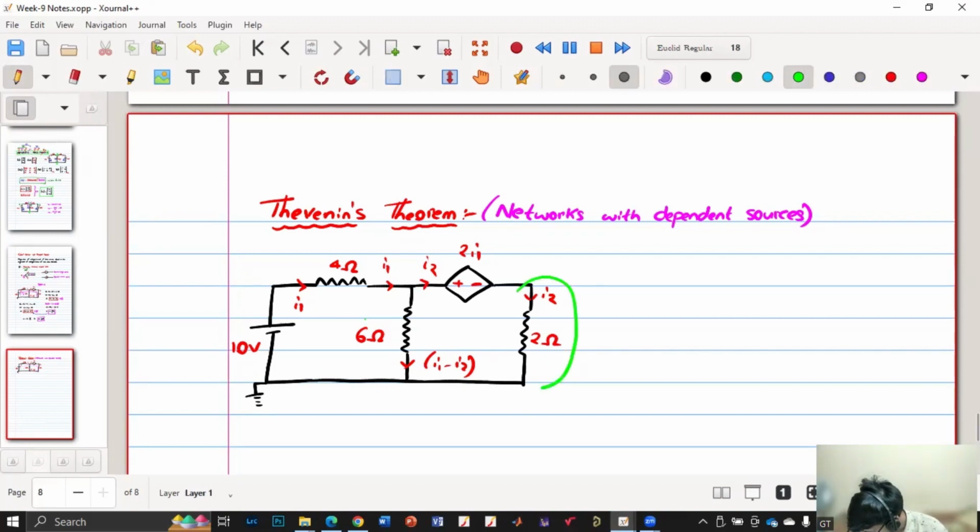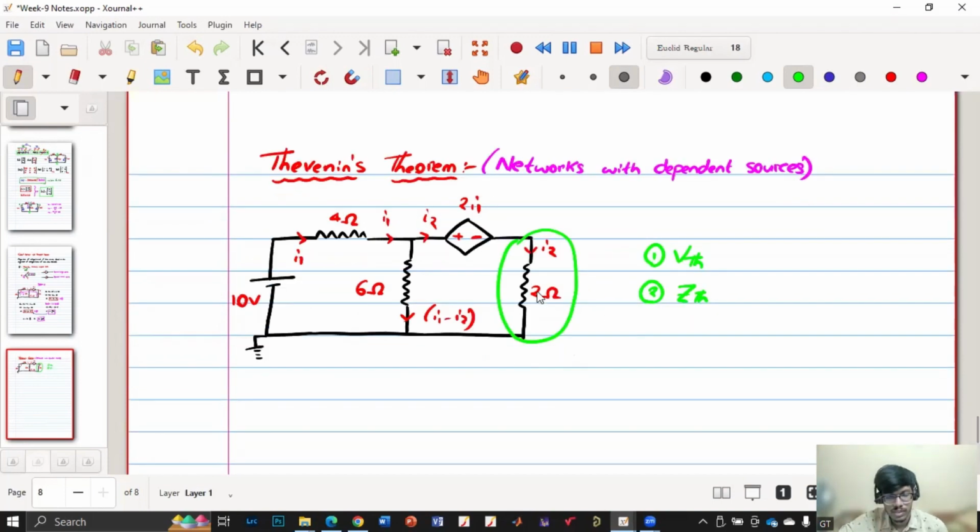So first, I have to calculate the Thevenin voltage, and the second part is I have to calculate the Thevenin impedance, right?